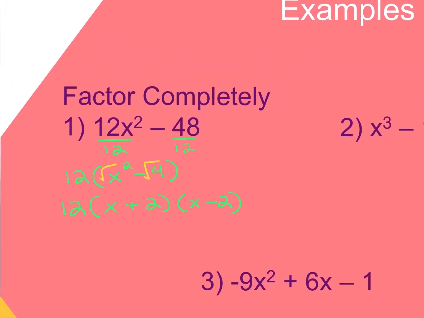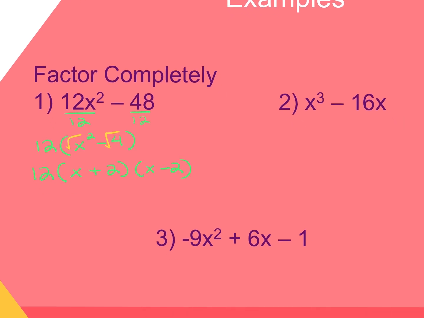So for number 2, we're going to look for a greatest common factor between x to the third and 16x. Notice the GCF of the numbers is a 1, but they do have a variable in common. They both have an x. So I'm going to divide each term by the GCF, which is x, write down that GCF, and then what remains, again, is another difference of 2 perfect squares.